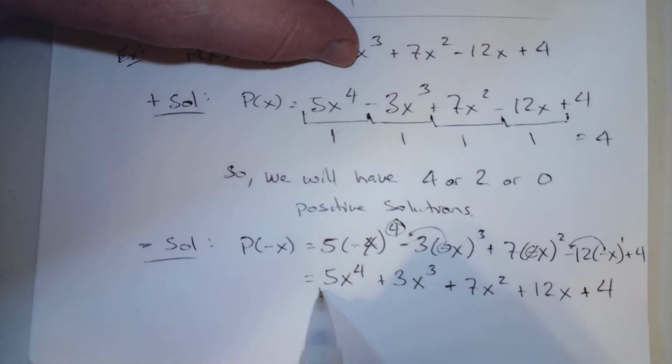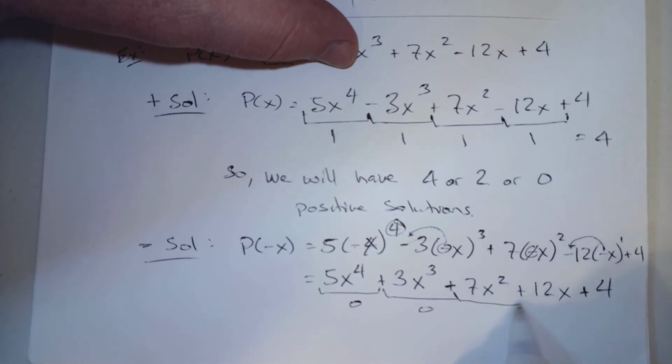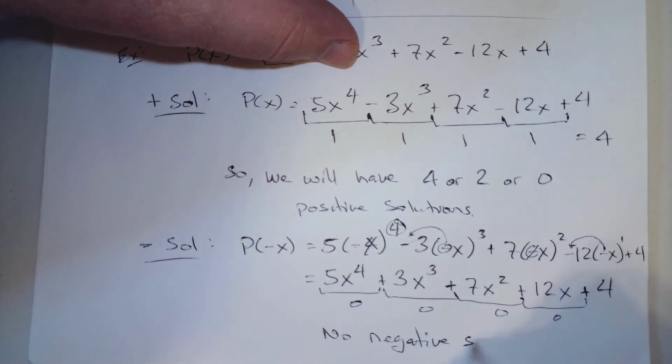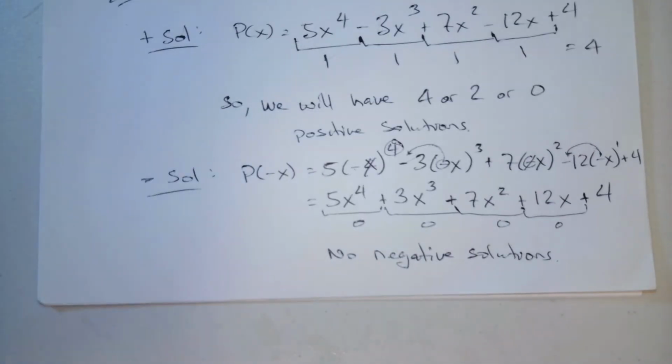Positive to positive, nope. Positive to positive, nope. Positive to positive, nope. So we have no negative solutions.